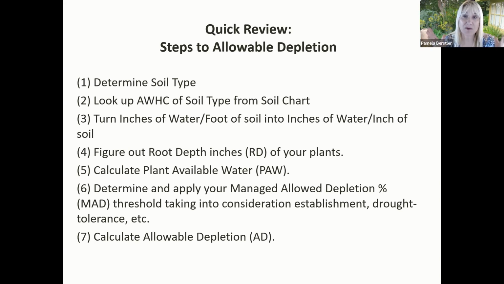Managed allowed depletion is a percentage. We apply that percentage to the amount of water we have in the soil. So our plant available water, this much, we apply a percentage of how much we're going to allow to deplete. And by multiplying those two together, that's going to give us the allowable depletion in inches. That's the amount of water that we are allowing to come out of the soil in inches.